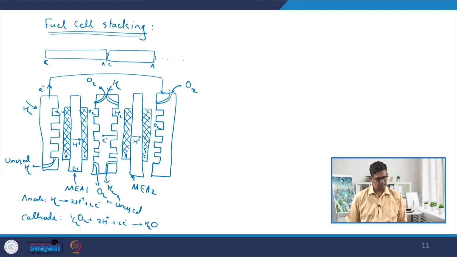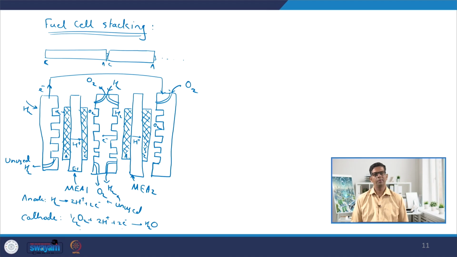The basic assumption that we need to make here is that both of these cells are expected to perform significantly in an equal manner. That means the power output from one cell is almost the same as the power output of the second cell. In other words, if we are drawing x amperes of current from one cell, as the current is going to remain the same in both of these cells, the potential is also expected to remain the same.